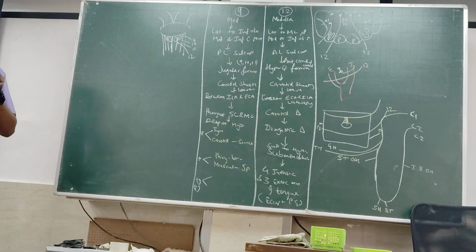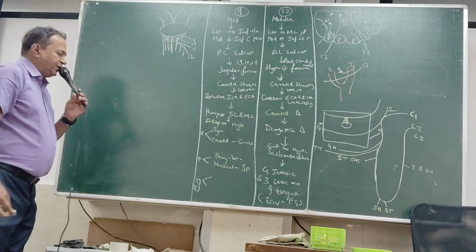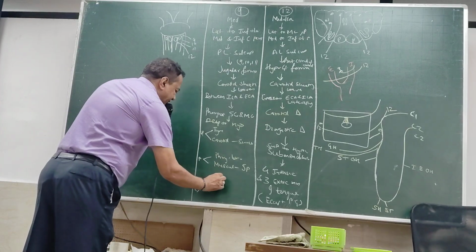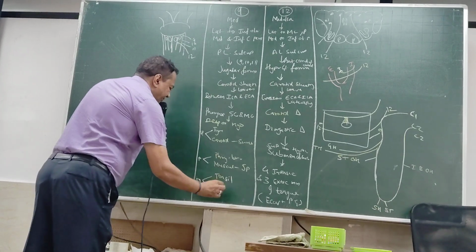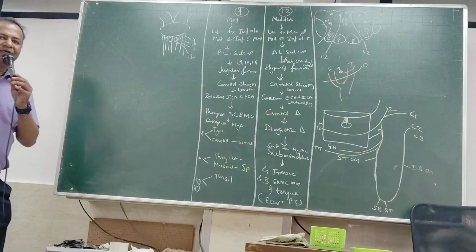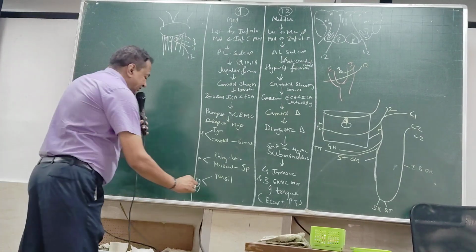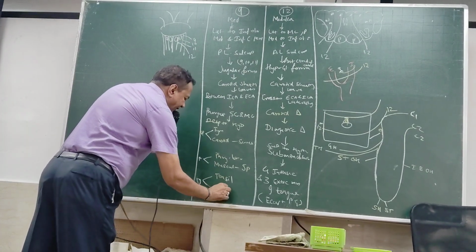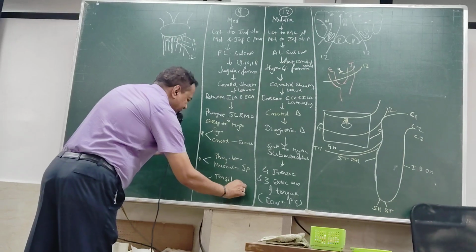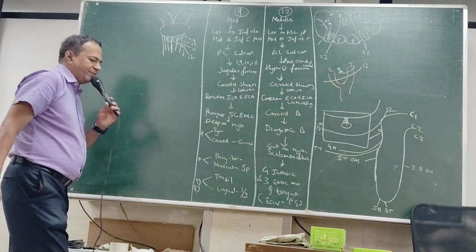And in the oral cavity, it gives a tonsillar branch which supplies the tonsil. So now supply of tonsil is by glossopharyngeal. And a lingual branch which supplies the posterior 1/3 of the tongue.